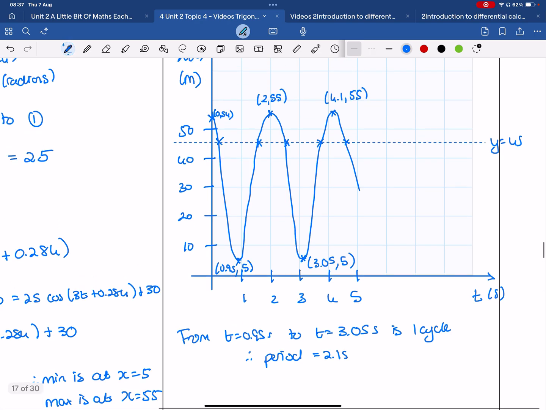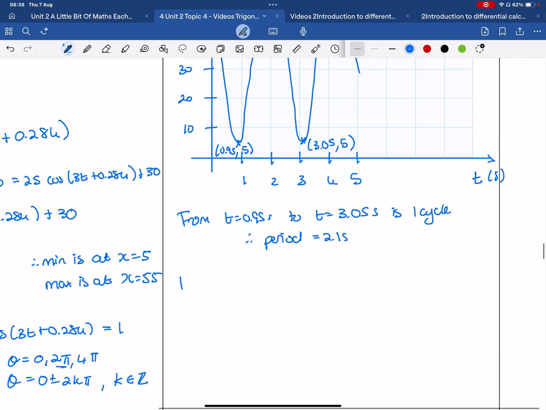And I need to figure out what percentage of time this thing is above my 45. So I'm going to label my points. That point there is 1.69 and 45, and that point there is 2.3 and 45.